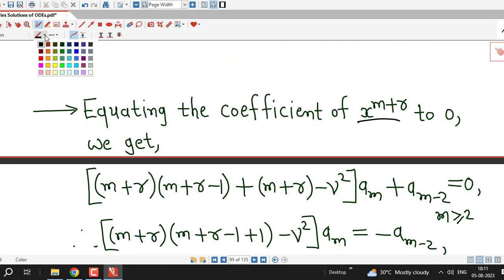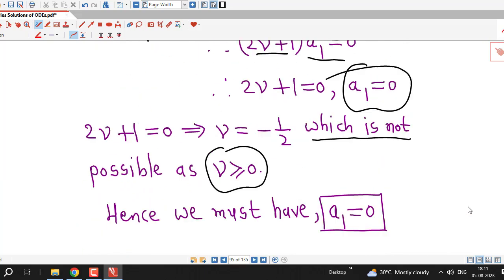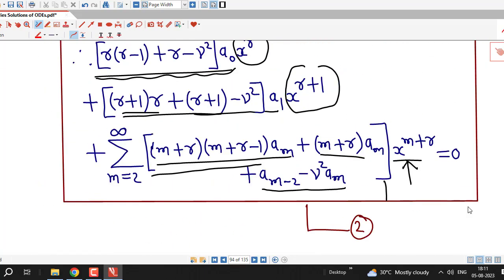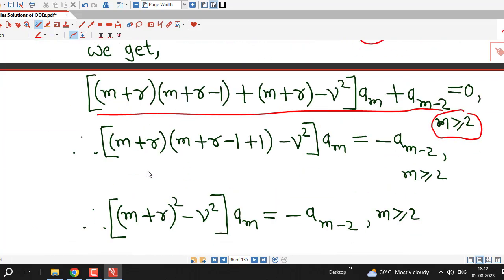Equating the coefficient of x raised to m plus r to 0, we have this quantity, which is the coefficient of x raised to m plus r equal to 0, and the summation is starting from m equal to 2 to infinity. Here m is from 2 to infinity, therefore we must have m greater than or equal to 2. This is valid for m equal to 2 to infinity. In the next step I have taken this m plus r common.